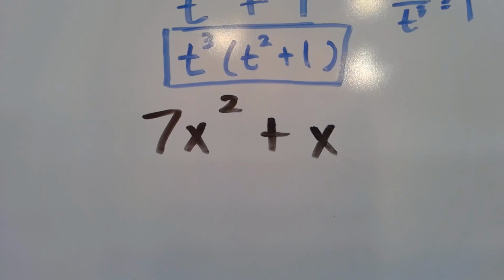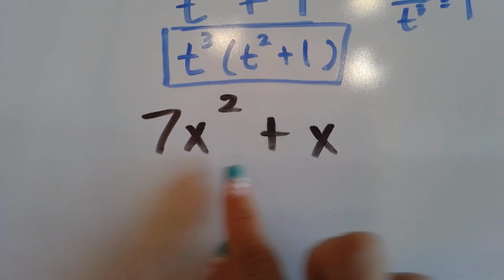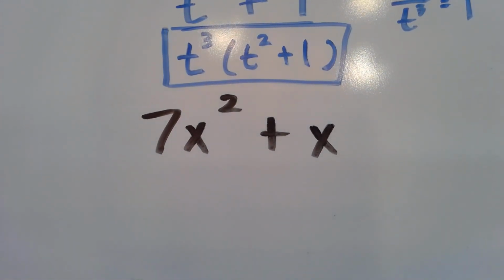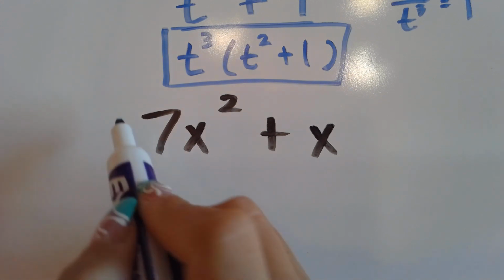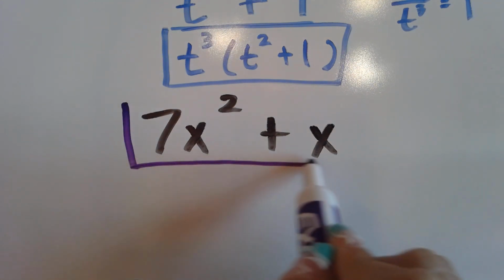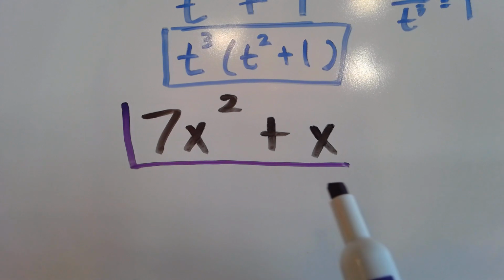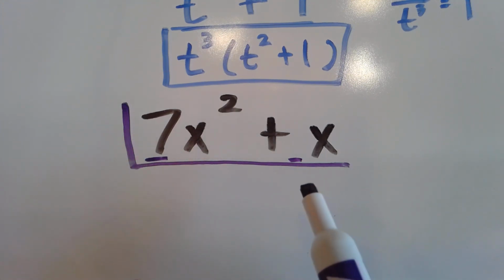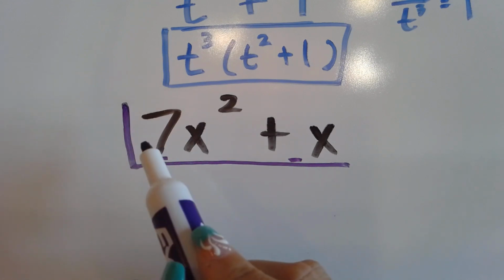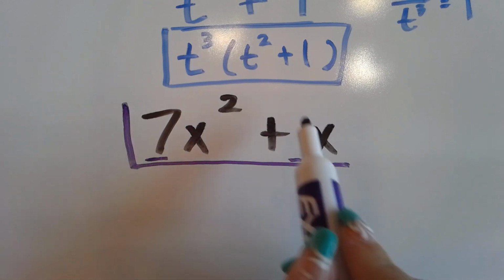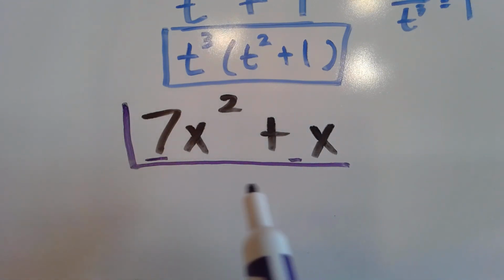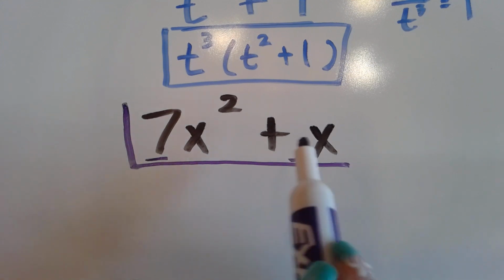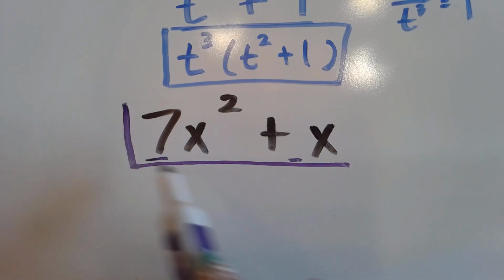So we have here 7x squared plus 7x. So let's set up our ladder. Okay? Now, do we have any matching coefficients or anything that can be divisible between 7 and our imaginary 1? No. So we're going to leave this 7.